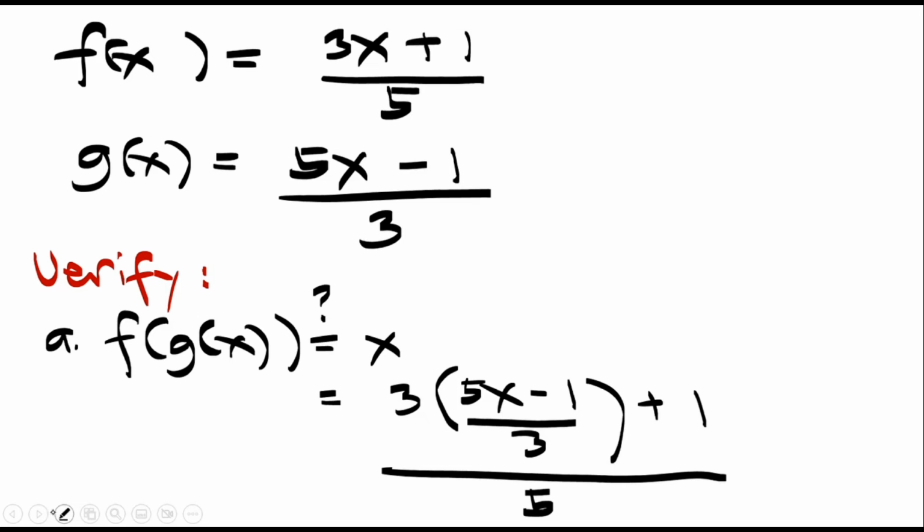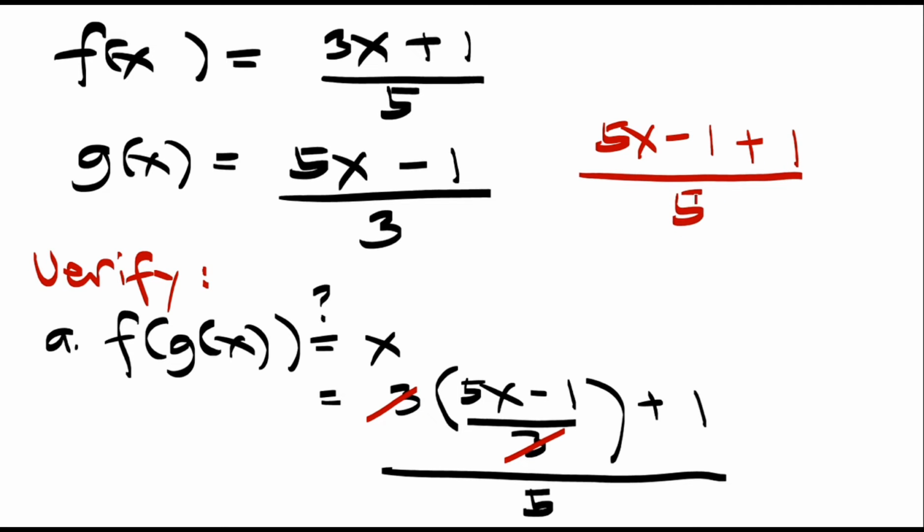So we're going to simplify this expression. 3 can be cancelled out, leaving us 5x minus 1 plus 1 all over 5. To continue, negative 1 plus 1 is equal to 0.